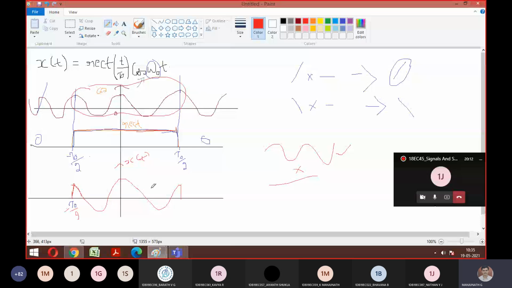So the interval remains the same. The interval is finite and the signal is non-periodic because it is not having continuity. So that's why what type of signal can we go with? Energy or power, yeah.